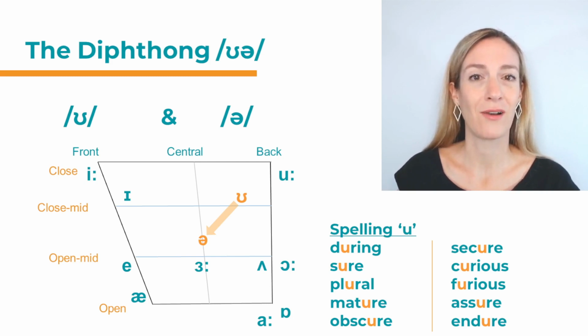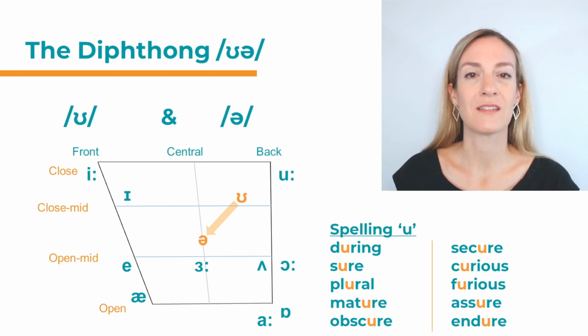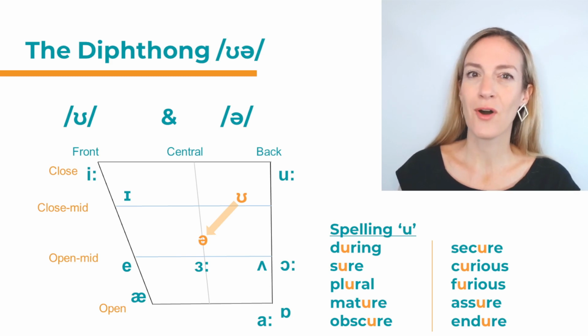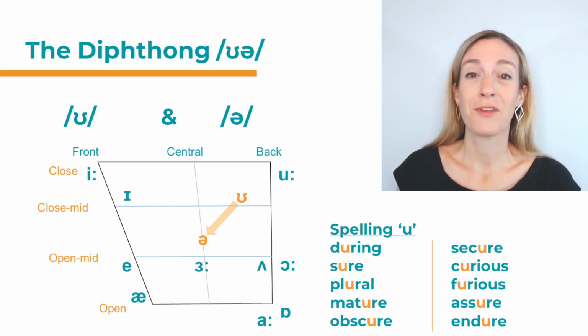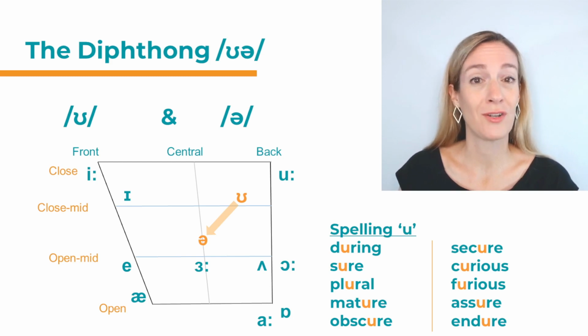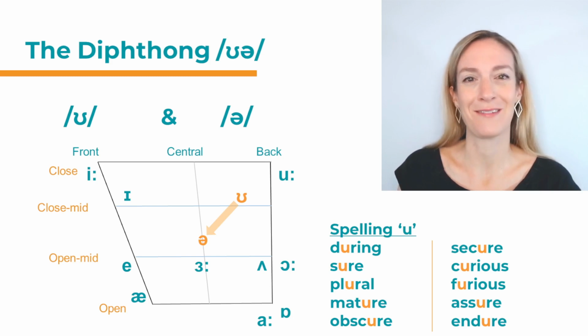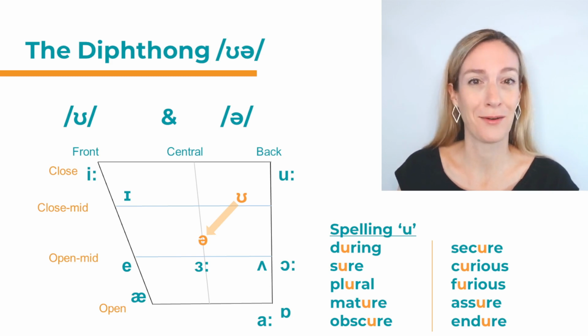And in the second column, secure, curious, furious, assure, endure. These words are maybe not the most common, and you might not know some of those, so have a look in a dictionary if you want to know their meaning, because like I said, this is not a common sound in English, but it is one of the diphthongs.